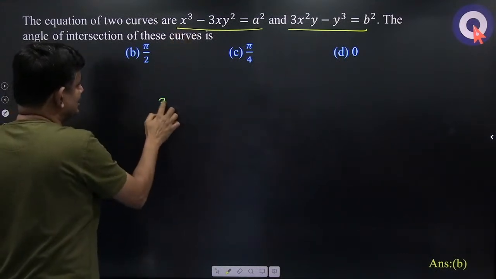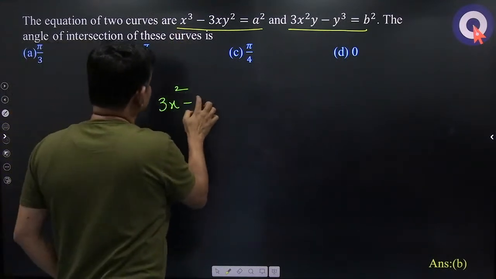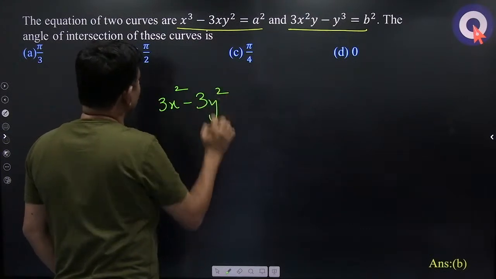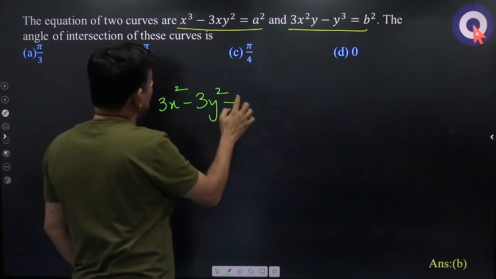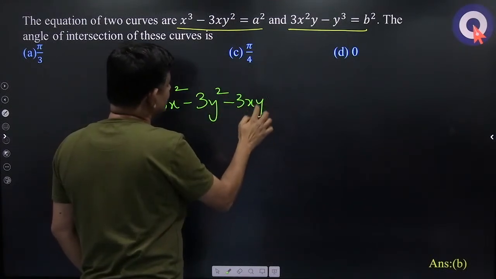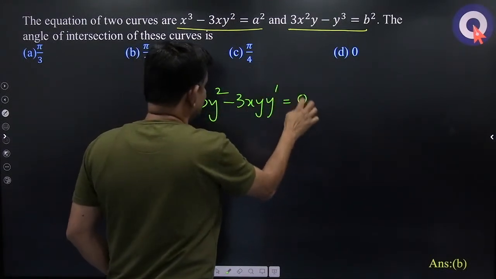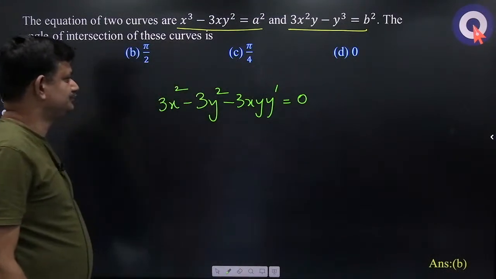I'll differentiate it. 3x square minus 3y square, UV rule, minus 3xy y dash is equal to 0 for the first curve.